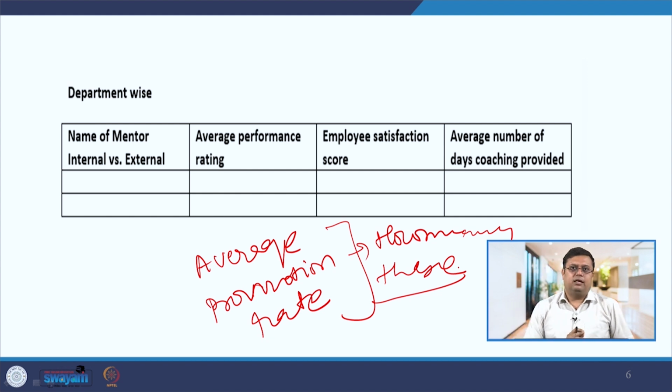The second decision you can take, in terms of the department, is who the best coach is in one particular department. Based on this data you can decide who is the best coach. If you want to develop a development plan, you can decide which type of candidate to give to which type of coach.